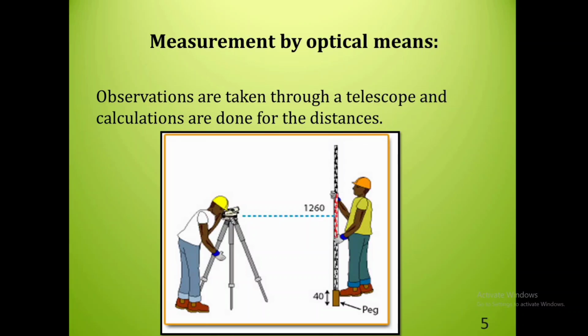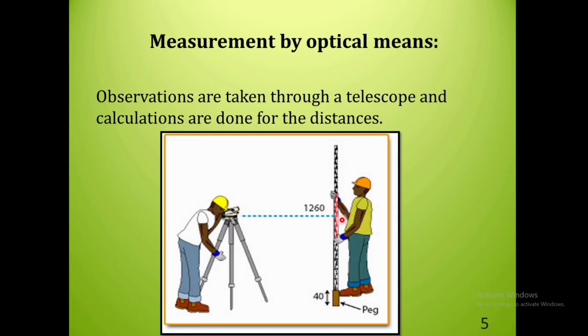Next one is measurement by optical means. In this, we normally use a telescope to make an observation, then calculations for distances are done. In this figure, you can see that this is a leveling instrument. This instrument is called a Dumpy level. In this telescope, the observations are made.